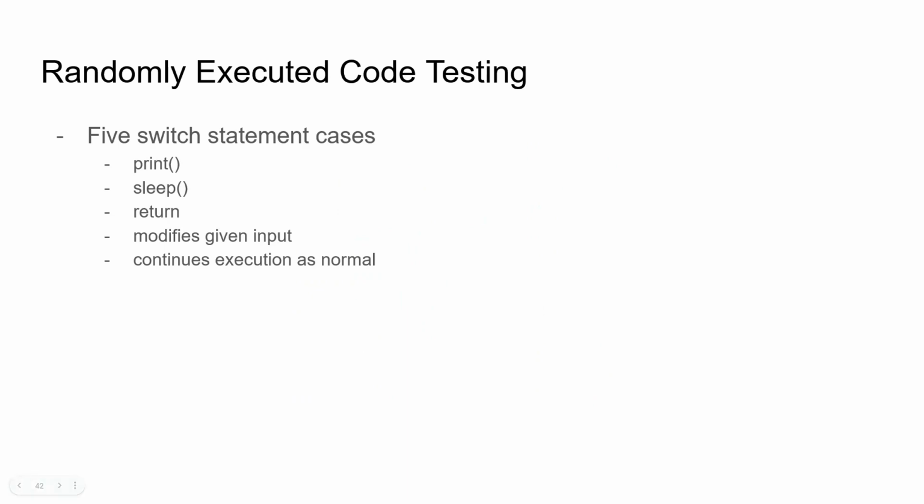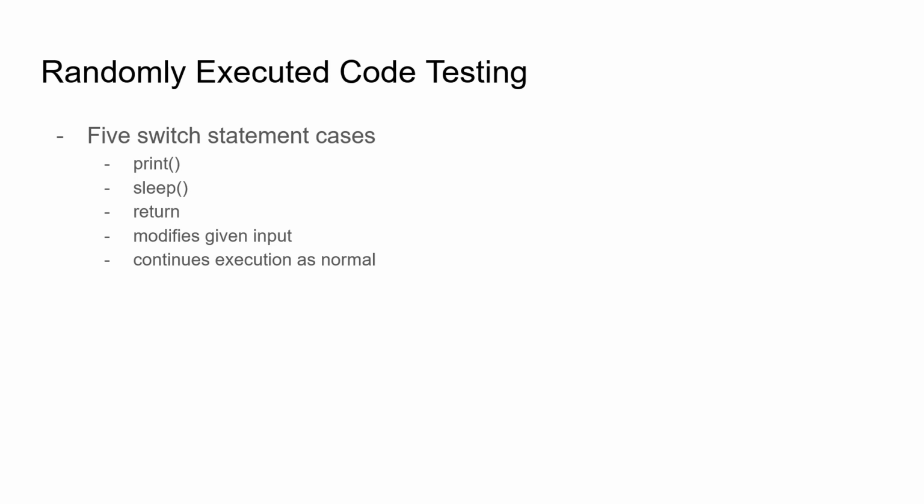So to test our randomly executed code method, we had 5 switch statements that are randomly hit. The first is just a simplistic print statement. It just prints hello world. The second is a sleep statement that just calls it for 1.9. This was done to demonstrate how the randomly executed code could be used to implement other slowdown methods.